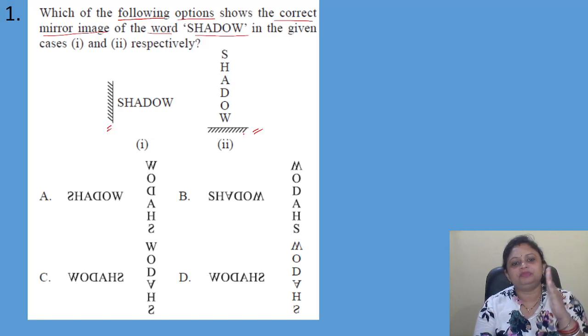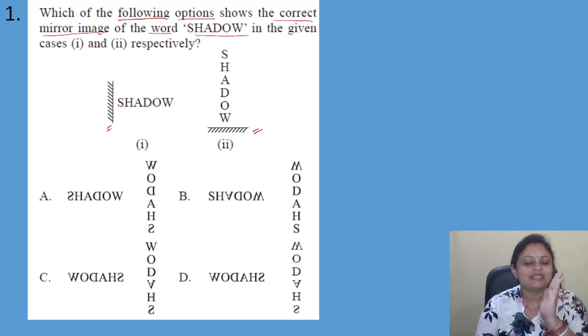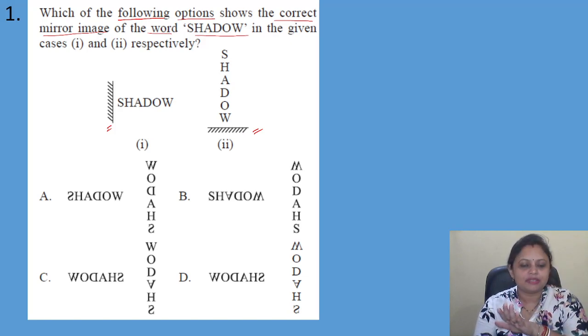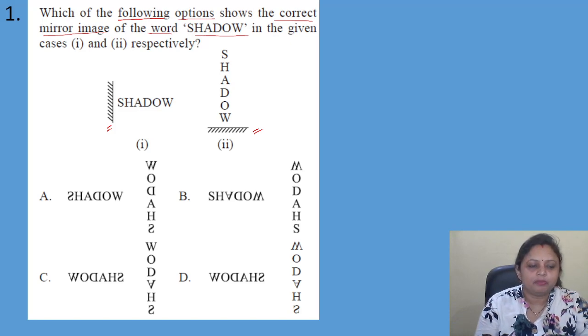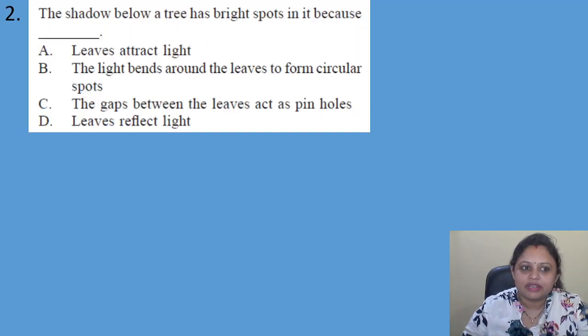So you know how a shadow is formed. The opposite of the object is formed, right? So here, if we go on writing the things, the correct option will be option D for case 1 and here for case 2.